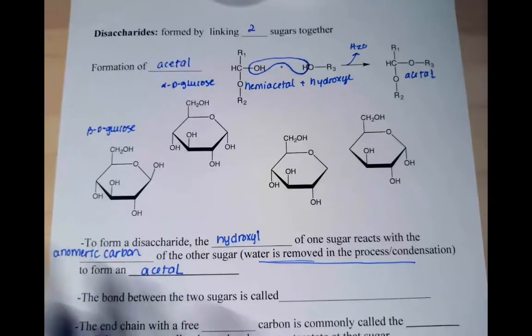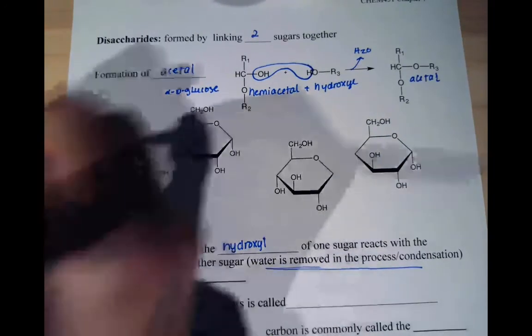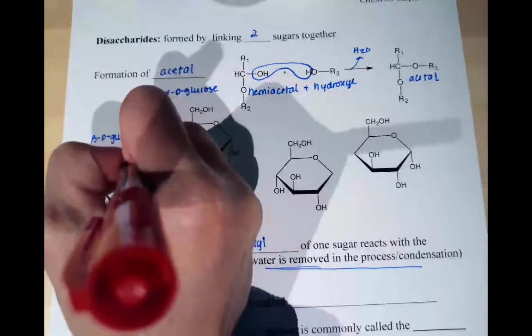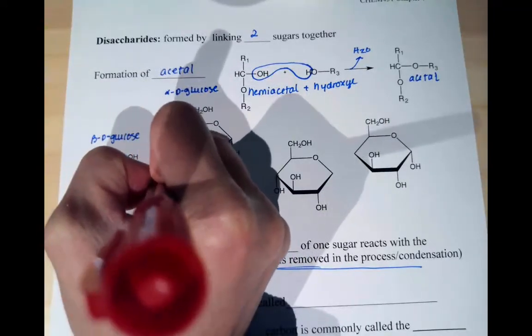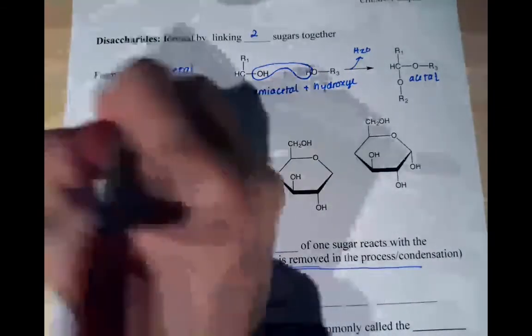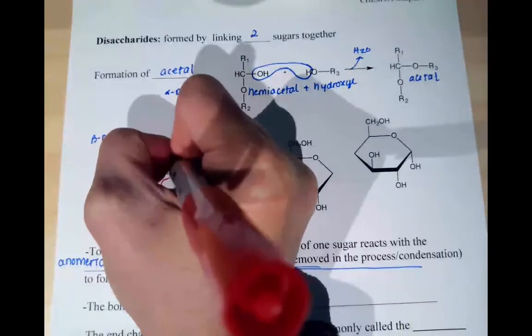So let's see what that looks like. So here's our first sugar. It's got an acetal group here. And then our second sugar, here's our hydroxyl group.